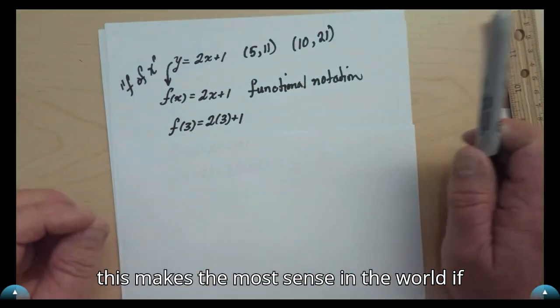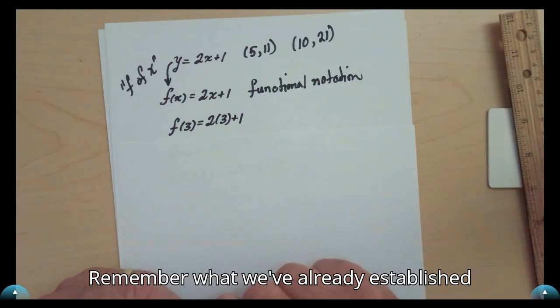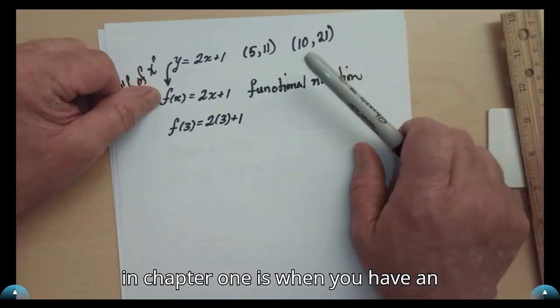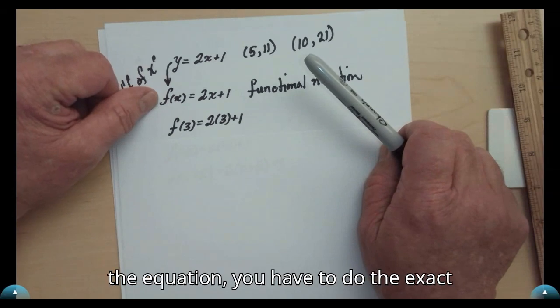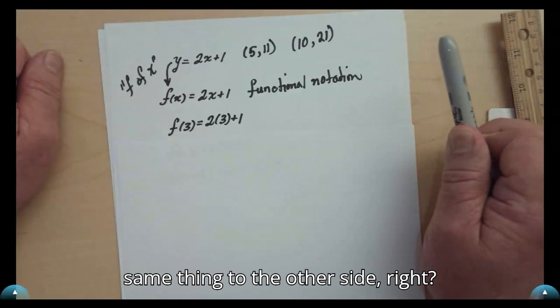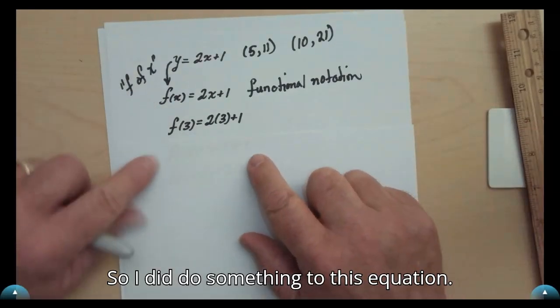And this makes the most sense in the world if you think about it. Here's why. Remember what we've already established in chapter 1: when you have an equation, whatever you do to one side of the equation, you have to do the exact same thing to the other side, right? So I did do something to this equation.